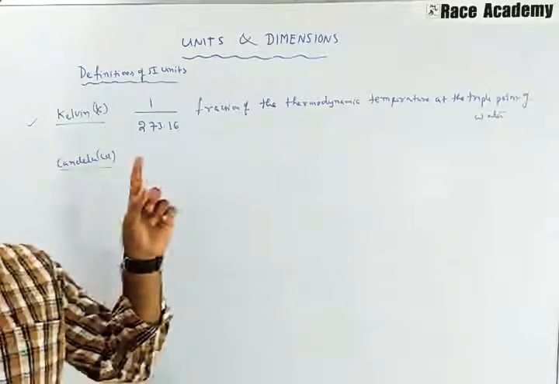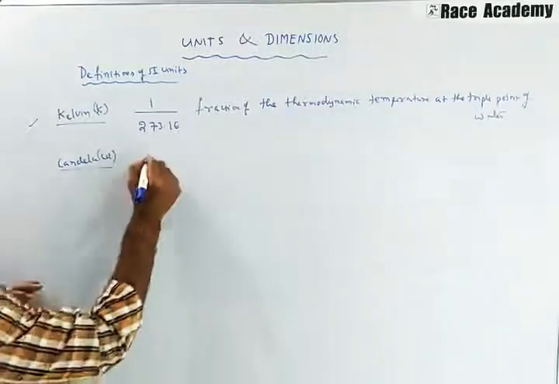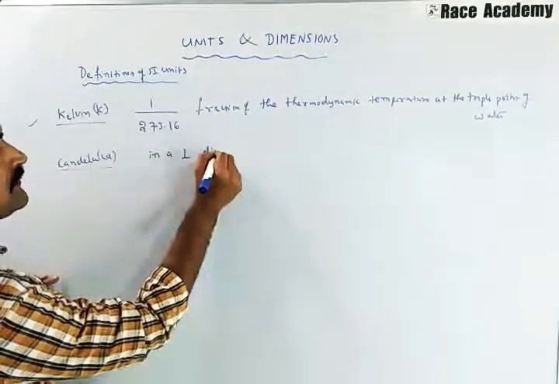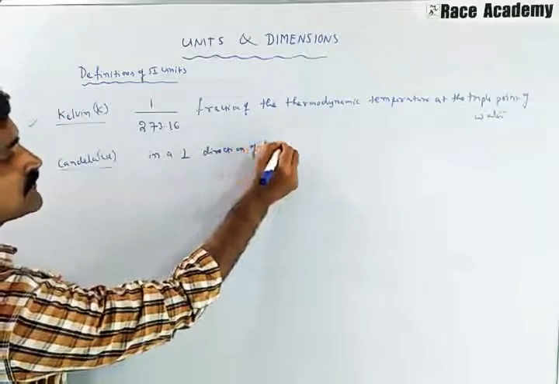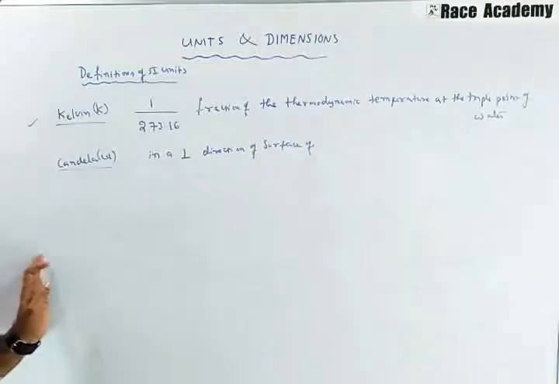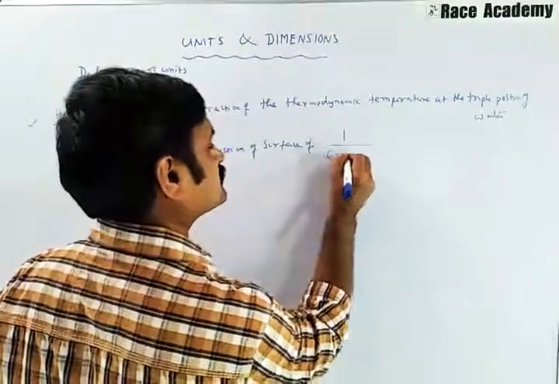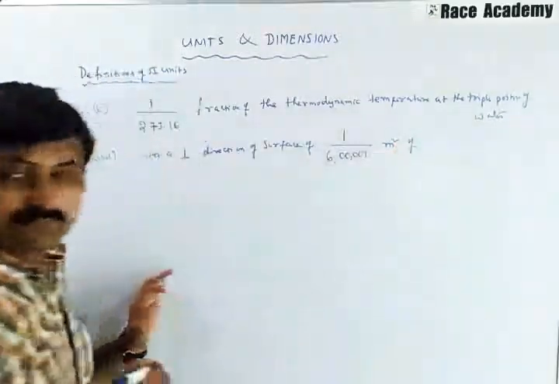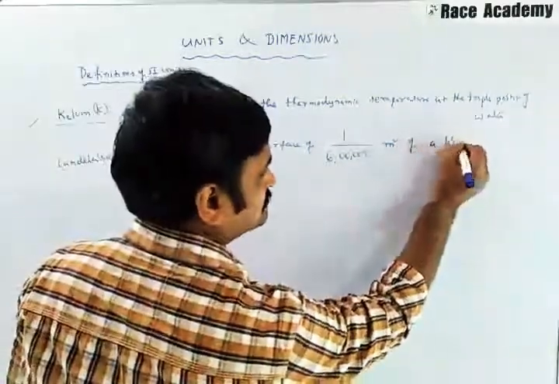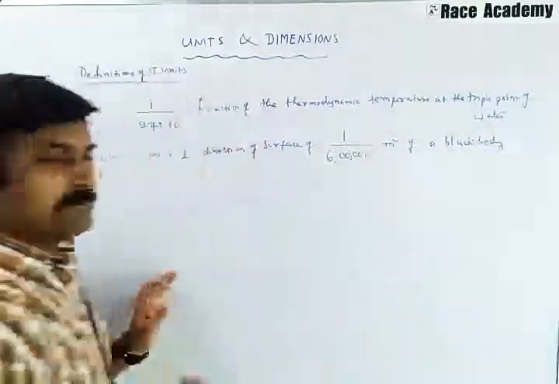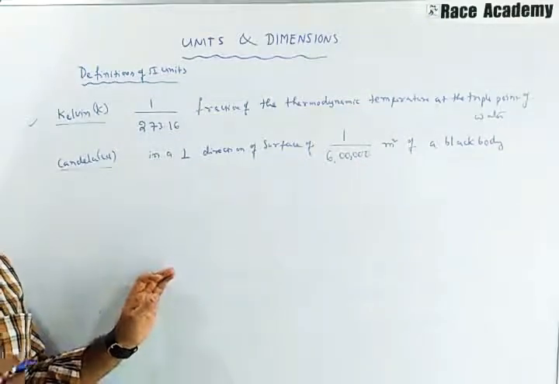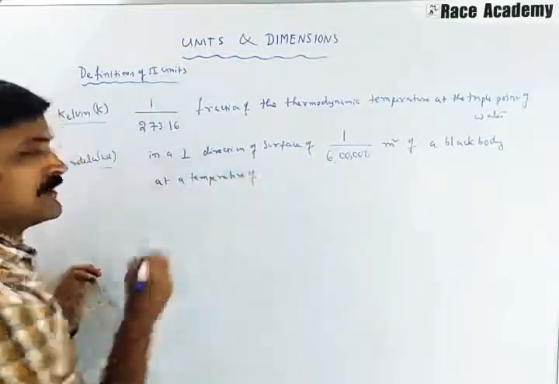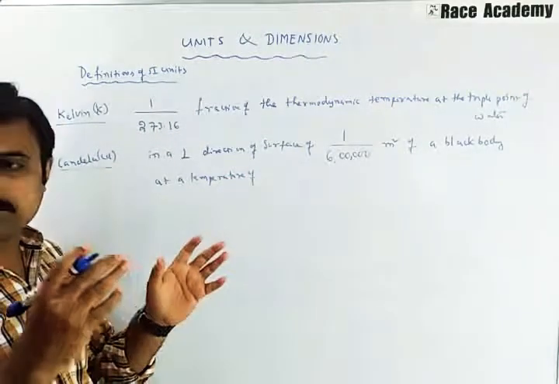So candela is the luminous intensity in a perpendicular direction of the surface of 1 by 6 lakhs meter square of a black body at the temperature of freezing platinum.